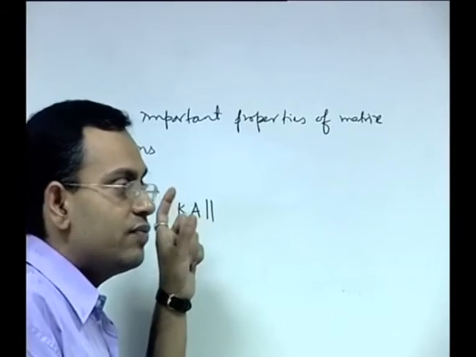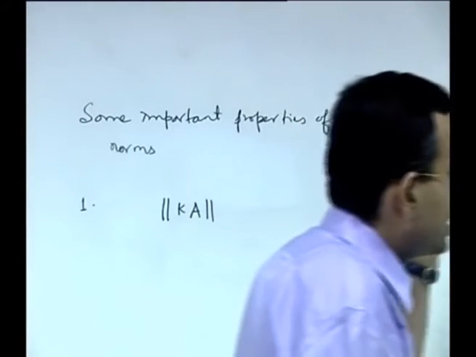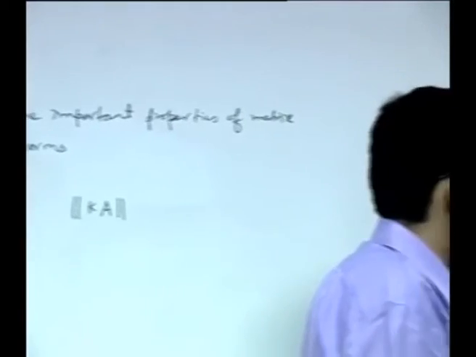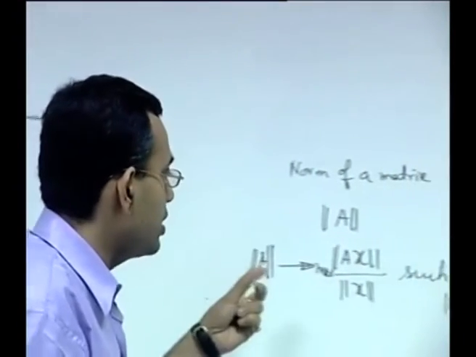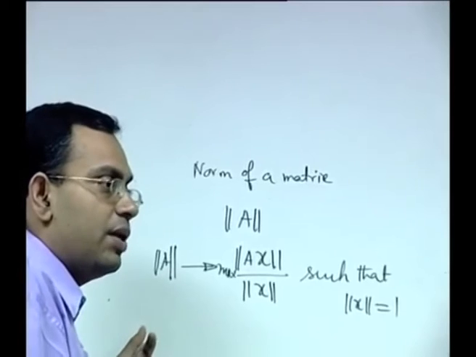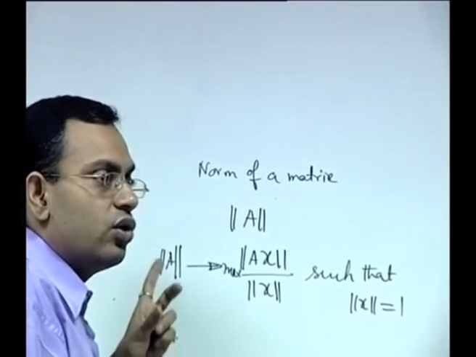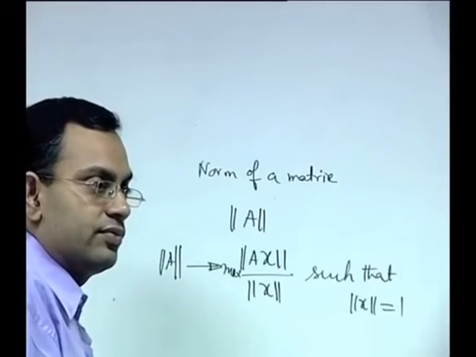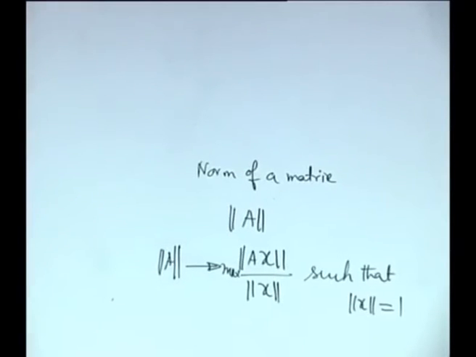Is it K or you require a mod of that? See, you have seen through the example of the norm calculations that we have come across, that norm essentially ends up with something positive, and the second observation is that it is something more general than mod.